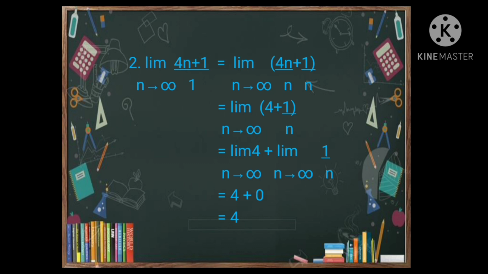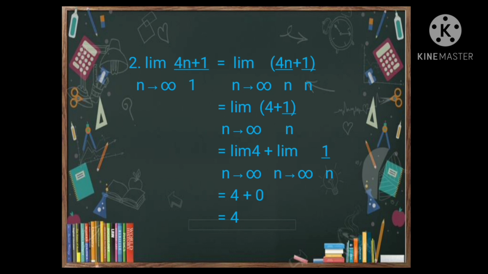Next is the limit as n goes to infinity of (4n plus 1) over n, which is equal to the limit of 4n over n plus 1 over n. So the limit as n goes to infinity of 4 plus 1 over n.